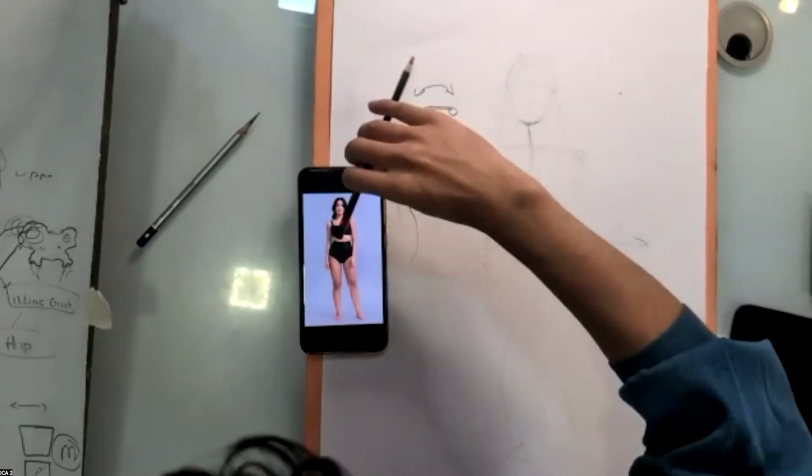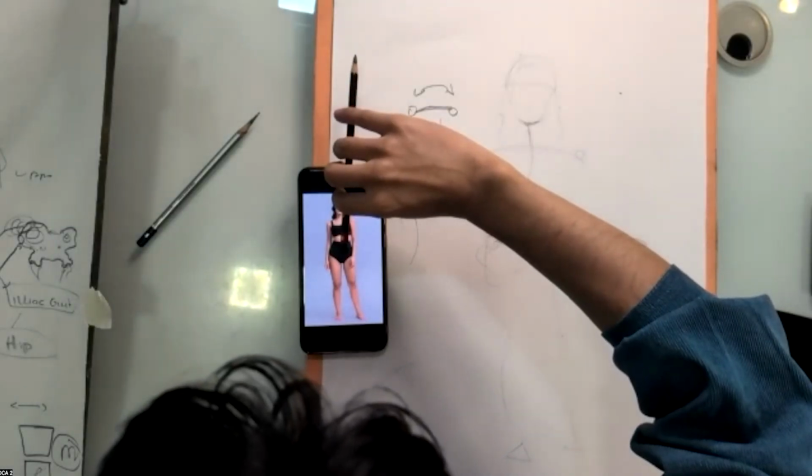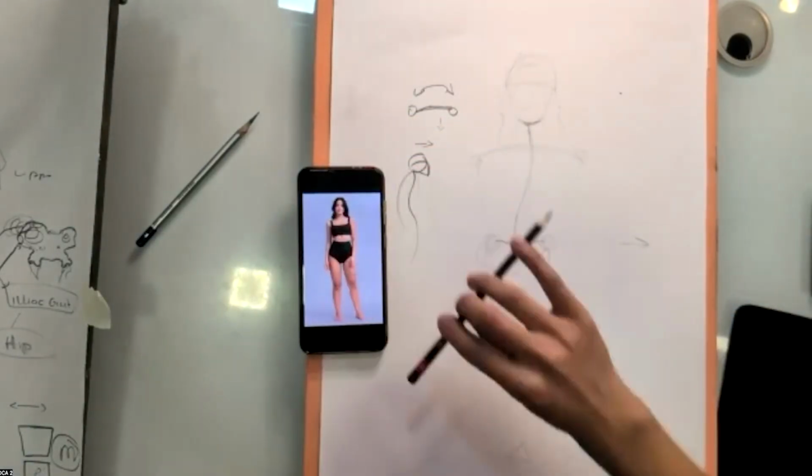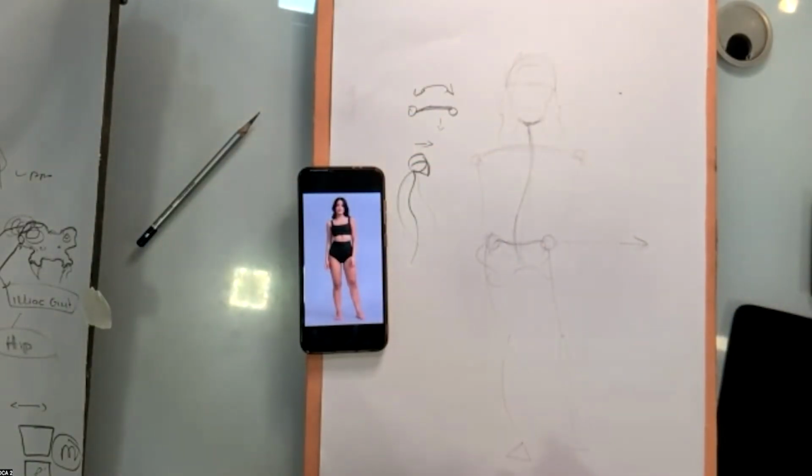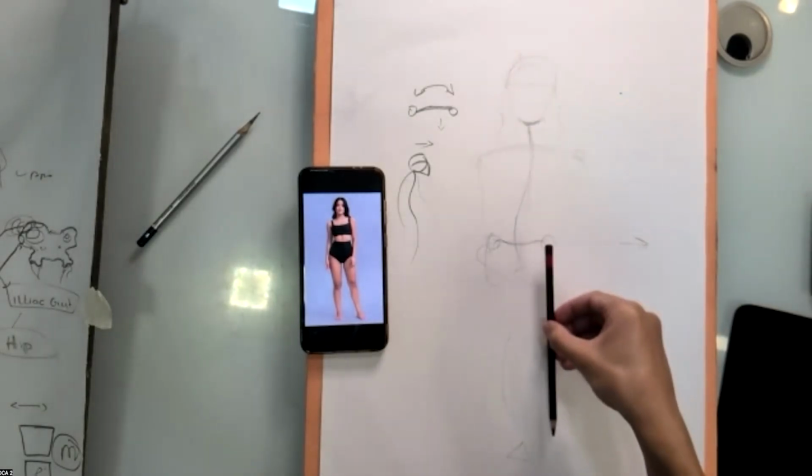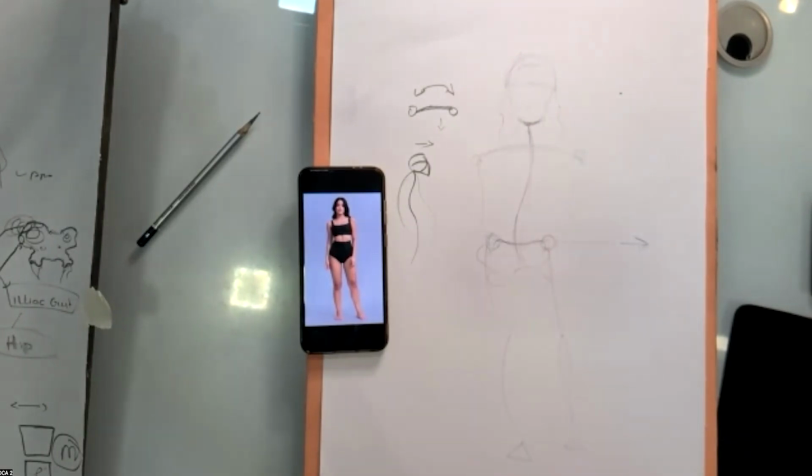If I just roughly measure it, the lower torso is not only the legs, it also includes a little bit of the hip as well. So that becomes a little bit longer. So measure it here and here, see. That means I have to widen it a little bit.